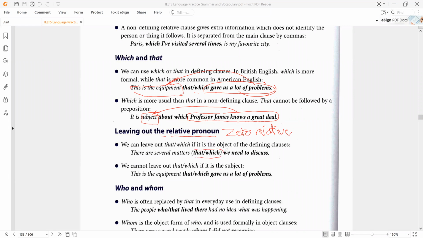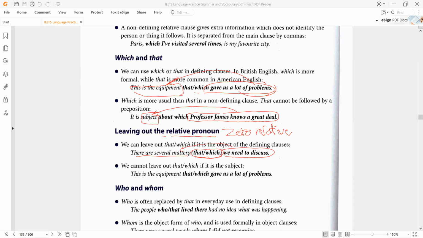You can write the sentence without which or that. بدون ضمائر الربط اللي هي which, that, who, whose إلى آخره. Okay. There are several matters we need to discuss. There are several matters that we need to discuss, which we need to discuss. It is okay, لكن it is possible في خصوصا في defining relatives المعرفة. There are several matters we need to discuss.